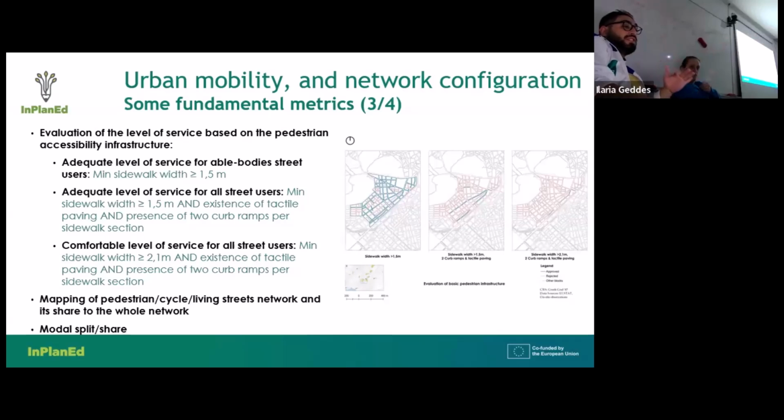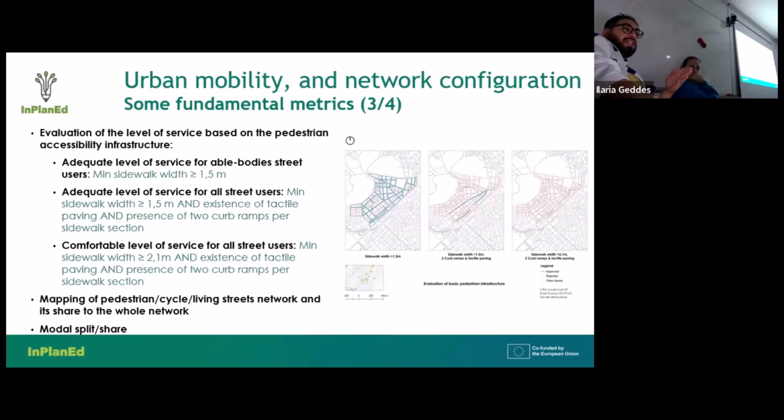If we see what is the adequate level of service for all city users, meaning that there is the existence of tactile pavement, but also curb ramps per sidewalk section, we can see that the percentage in blue, the adequate level of service streets, is very few.